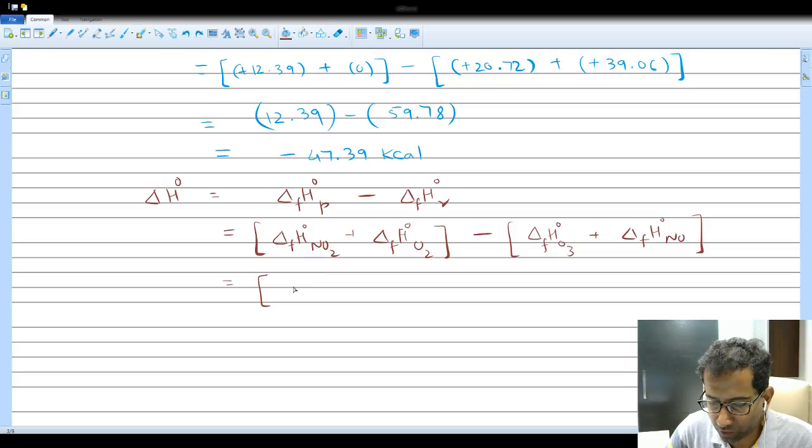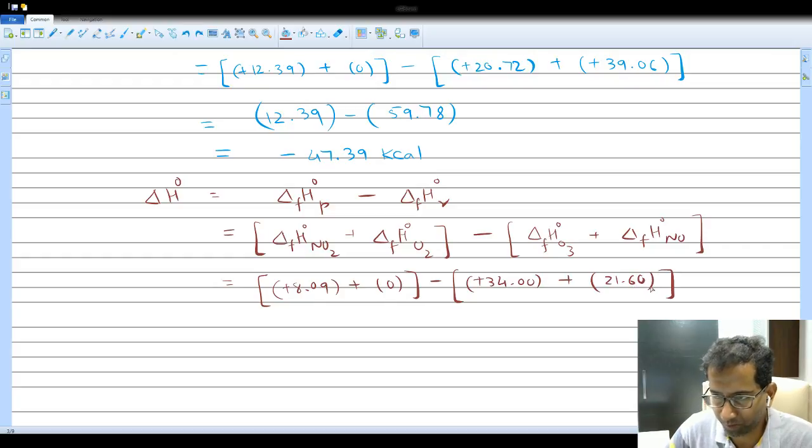The value of NO2 is given as plus 8.09, plus this value will be 0, minus the O3 value of 34.00 plus 21.60, is it?